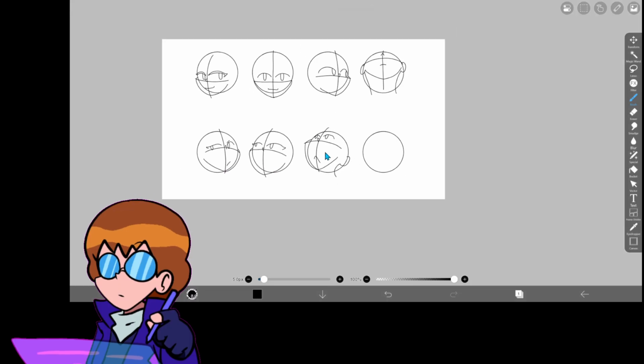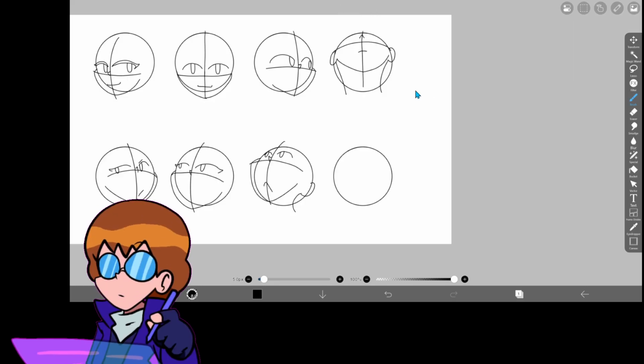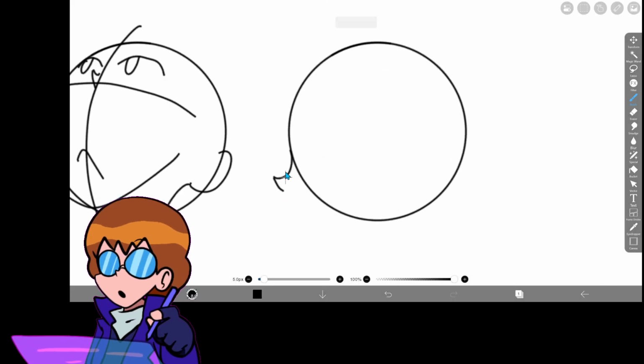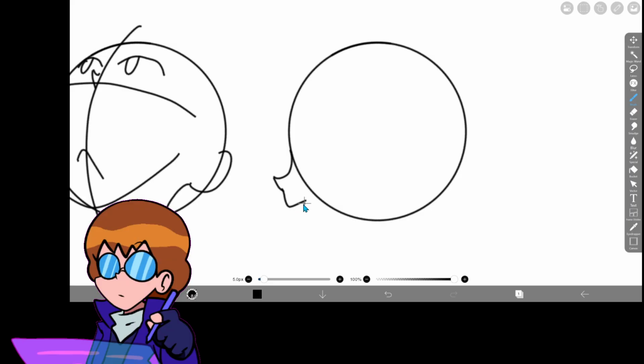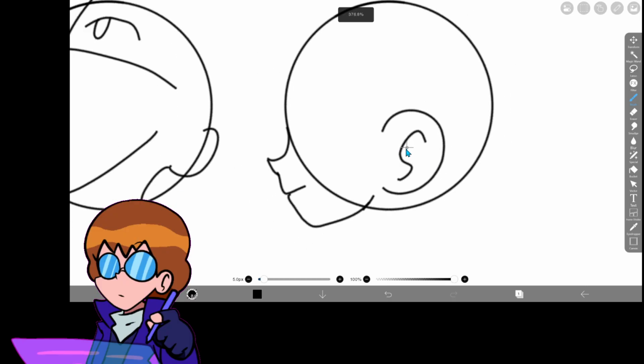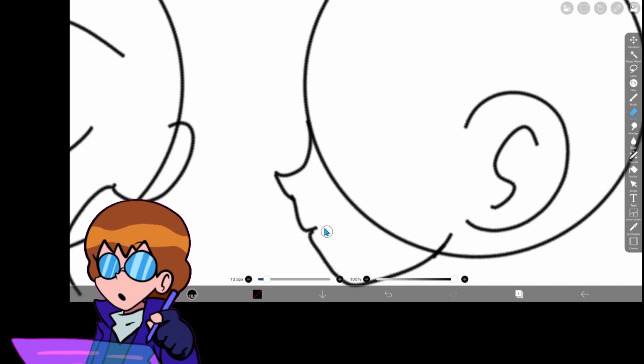But yeah, for this I recommend thinking of just how 3D things work. So if you're looking at someone's face and then they turn, they're gonna have a completely different face contour. So if you're doing it completely sideways, you kind of want to go for this style of silhouette, and the ear will go here, and then the mouth on this side.